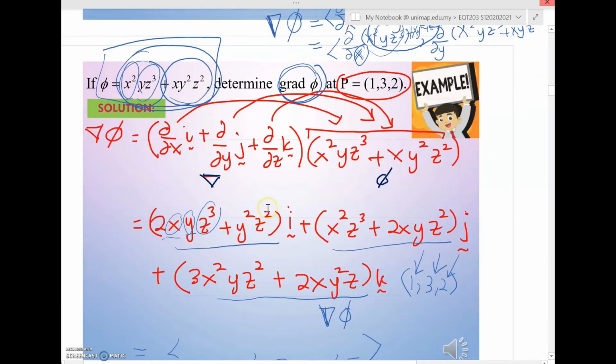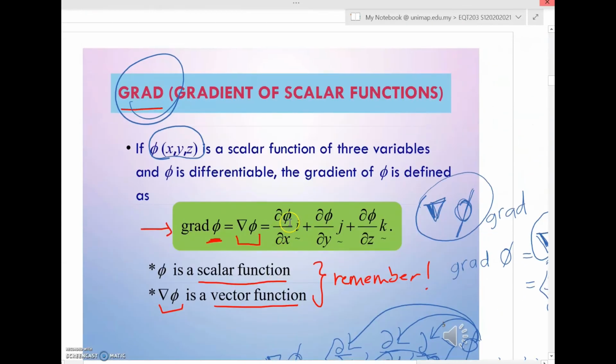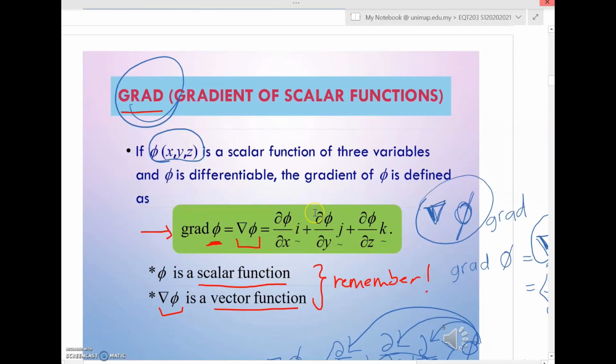So what I can conclude here is that when the del operator operates on a scalar function, we call it the gradient. What I can say more is that when a del operator operates on a scalar function, you will get a gradient, where the gradient is in vector form, no longer scalar.